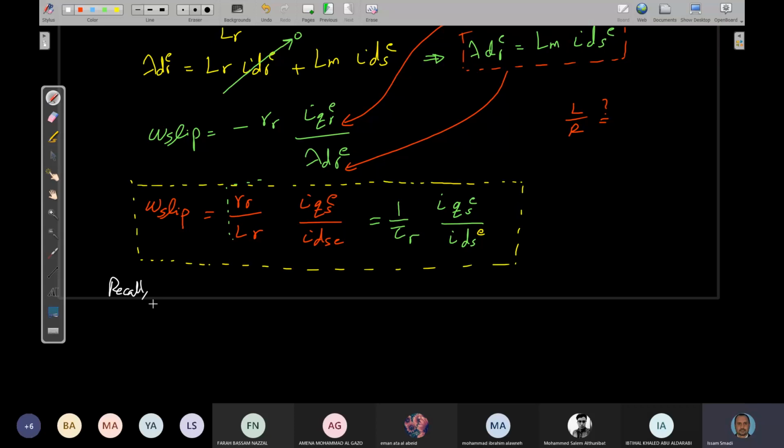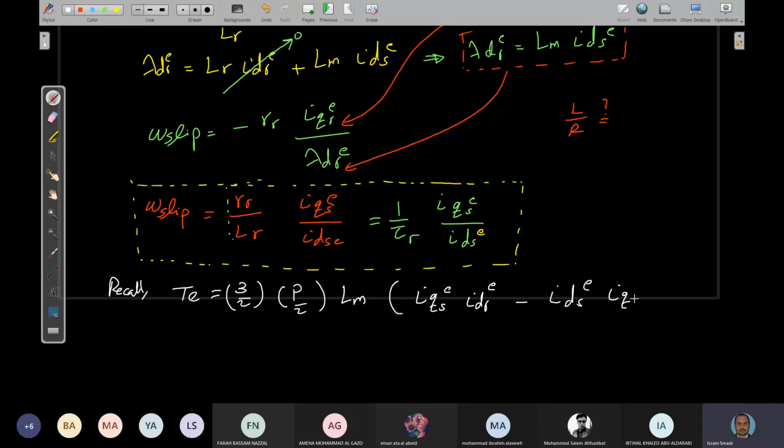Now the torque TE was equal to 3 over 2 P over 2 LM times IQSE IDRE minus IDSE IQRE.